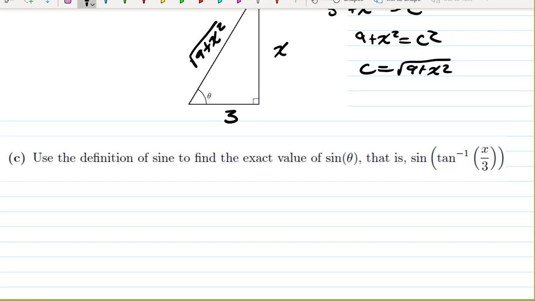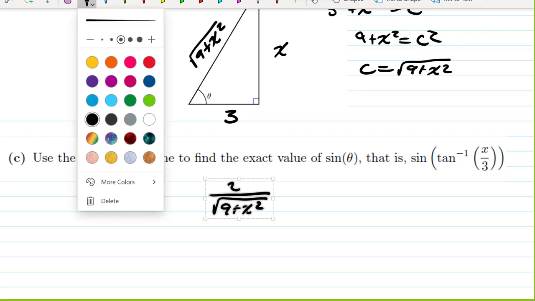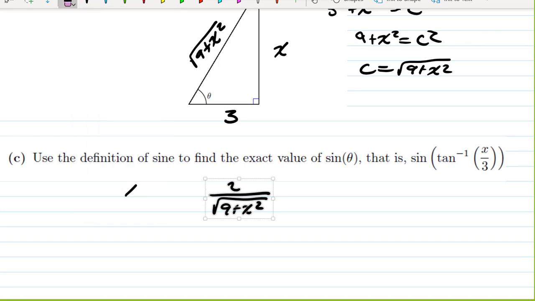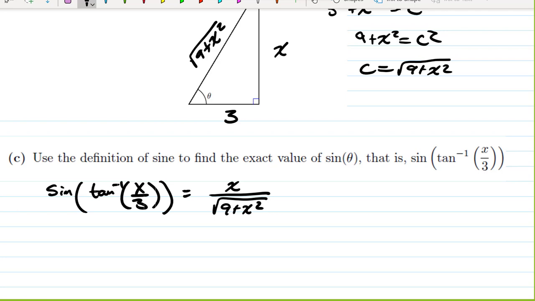So then our opposite is x, and our hypotenuse is the square root of 9 plus x squared. So then that gives us that the sine of the tangent inverse of x over 3 reduces to x over the square root of 9 plus x squared.